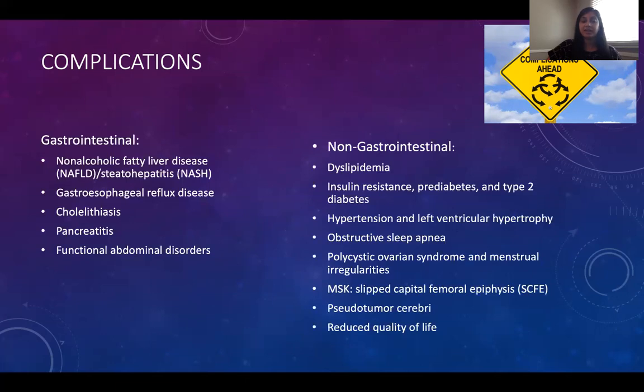And then your non-GI complications include dyslipidemia, diabetes, hypertension, sleep apnea, PCOS, pseudotumor cerebri, and reduced quality of life. Of course, falling under that reduced quality of life includes things like depression and anxiety.